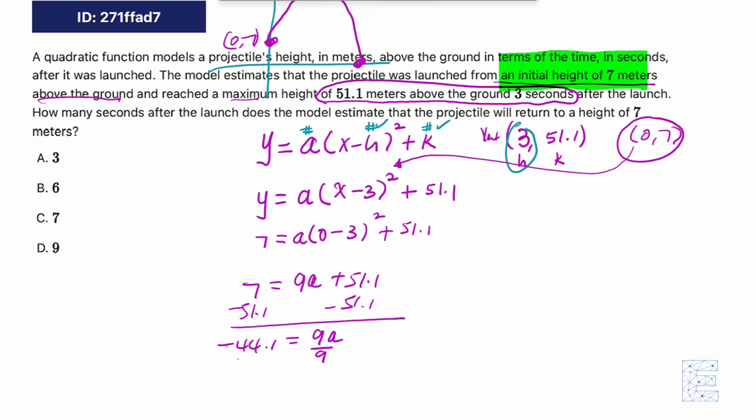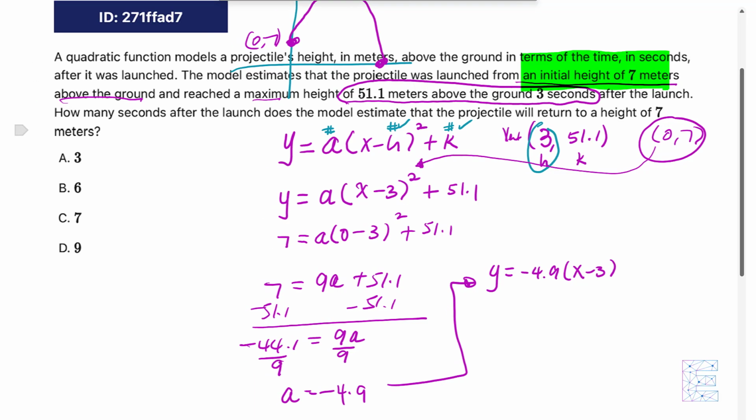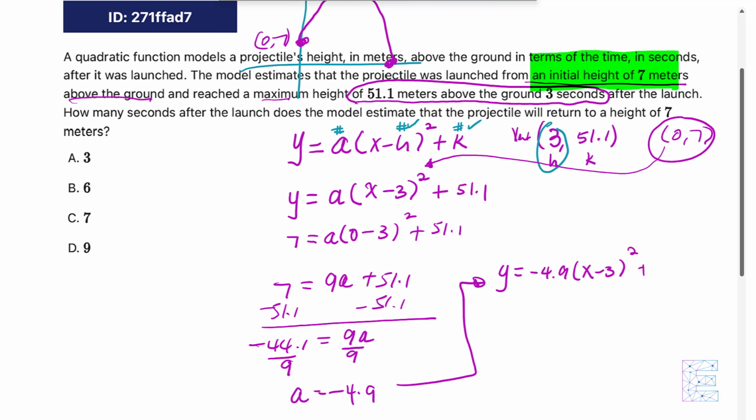Now we're going to divide both sides by 9, so we have a equals negative 4.9. And so now we have a complete equation. We needed a, we needed h, and we needed k. So let me write the actual equation now. So y equals negative 4.9 quantity x minus 3 squared plus 51.1.